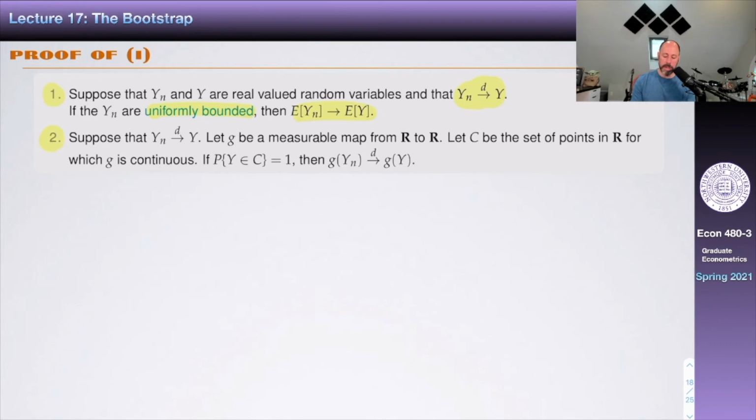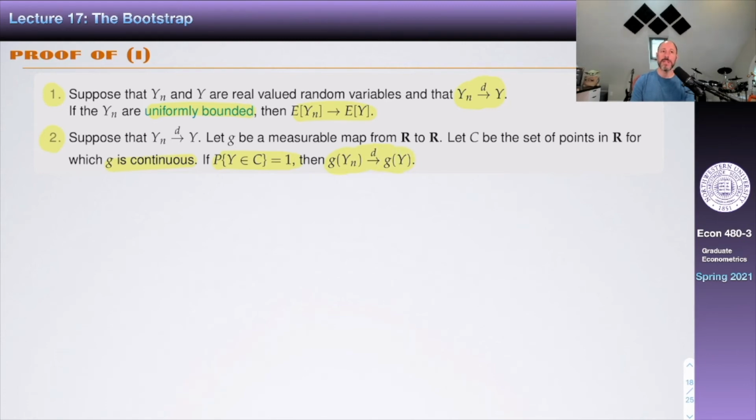The second part is, suppose that you have y_n converging in distribution to y, and we're going to let g be any measurable map from the real line to the real line. If C is the set of points in the real line for which g is continuous, and if this set of points has probability 1 under the distribution of y, then g of y_n converges in distribution to g of y. This is the continuous mapping theorem.